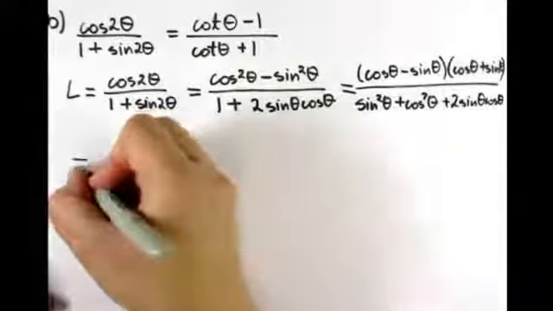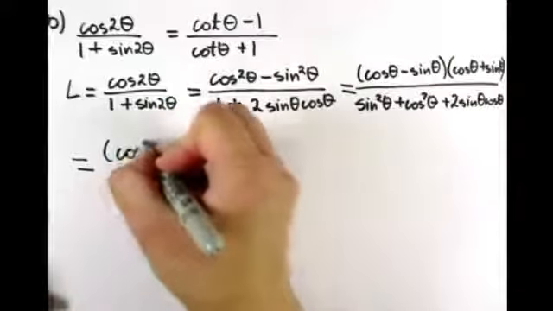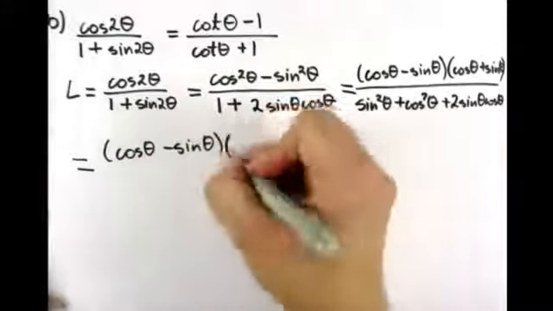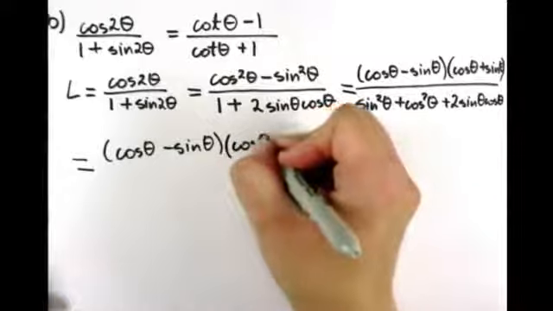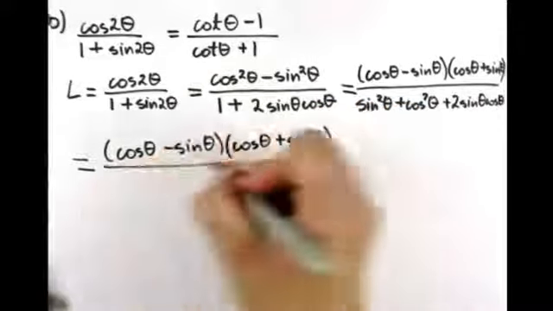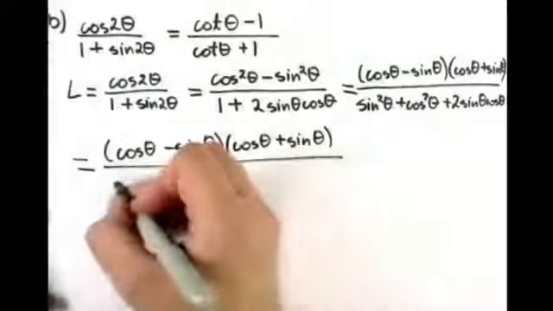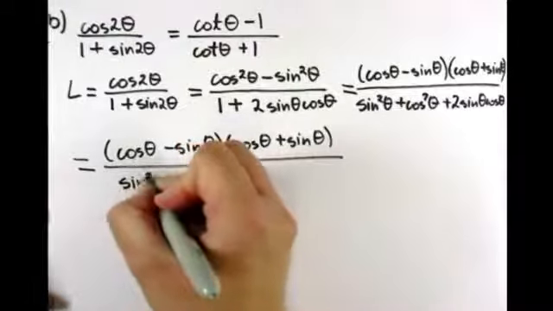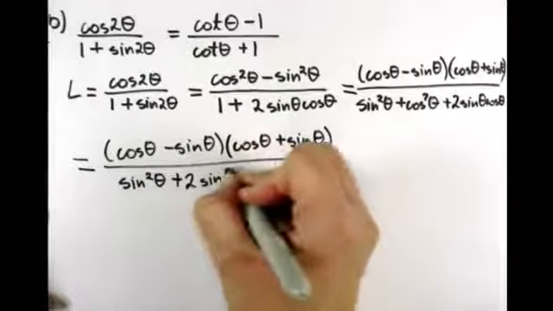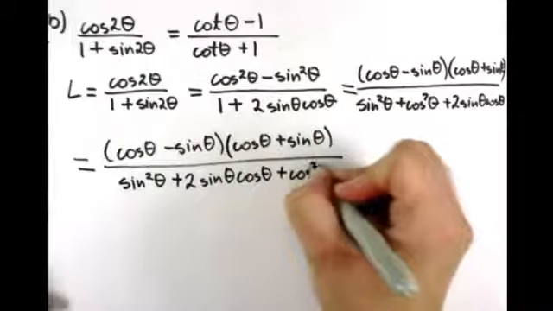So what we have on top is cos theta minus sine theta, and then cos theta plus sine theta. On the bottom I would like to rearrange this a little bit differently. I'm going to write sine square theta plus 2 sine theta cos theta plus cos square theta.